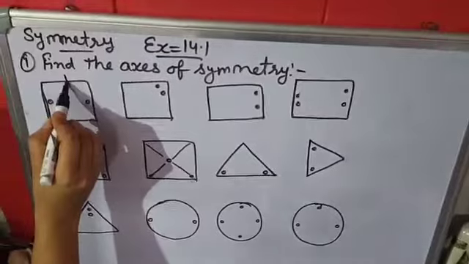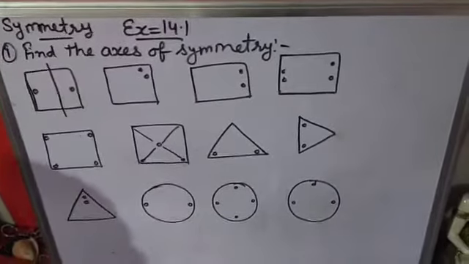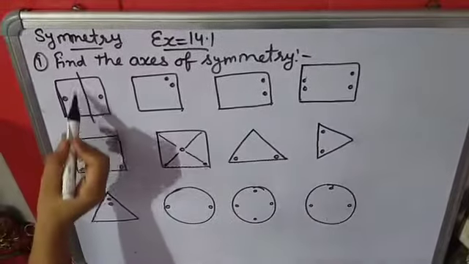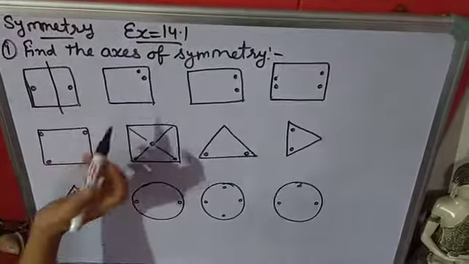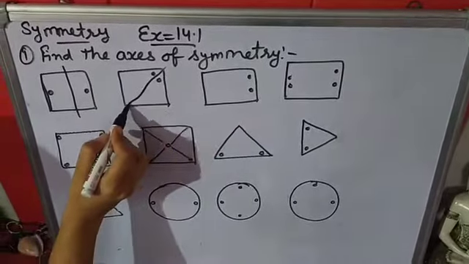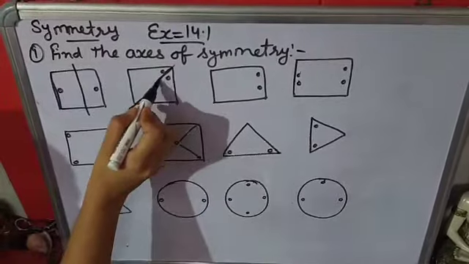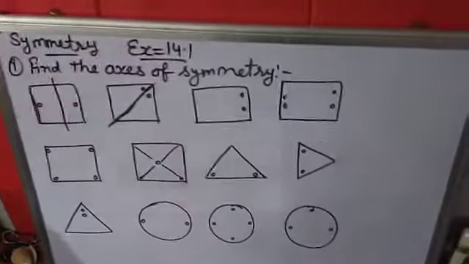Like this. And this line divides this figure into two equal parts. Okay? Now in this figure, like this, the symmetry line will come. Now this symmetry line divides the figure into two equal parts.